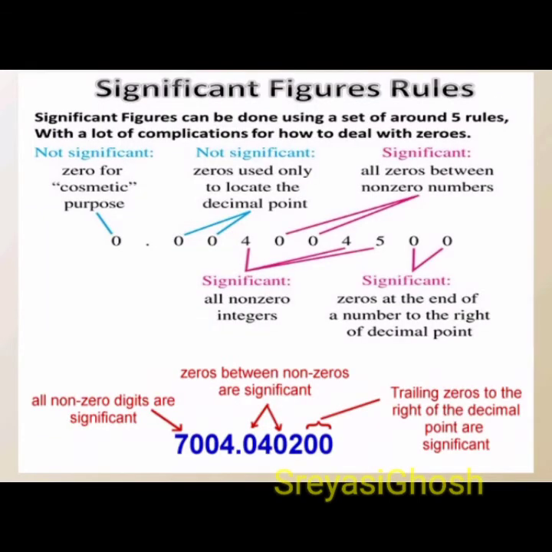Next, these things we have already discussed in the previous theory. These are just the examples. Please look at them. All of these we have already covered. You can simply understand which is significant and which isn't.